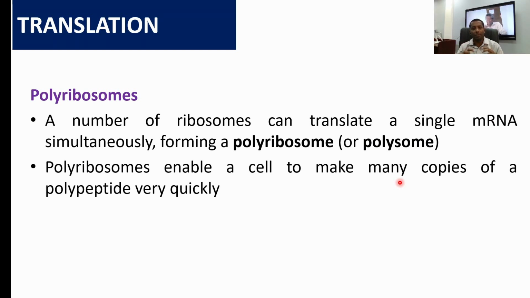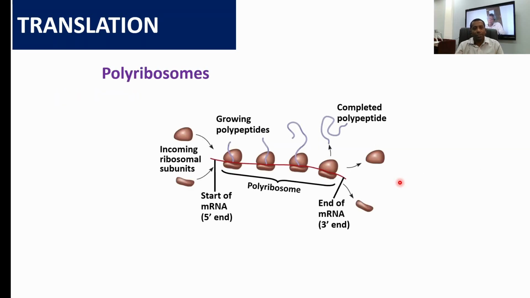Therefore, by having a polyribosome, the cell can make a large number of polypeptide copies very quickly. As you can see here, this particular mRNA molecule is being translated by several ribosomes at the same time.